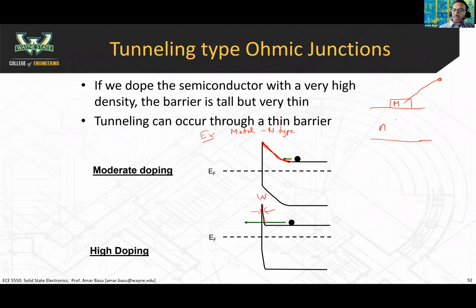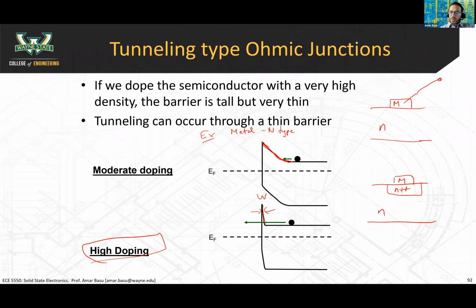But if you do this instead, where you have your metal contact pad, you have your N-type semiconductor, but all you do is you add an N+ region here. Okay, what this effectively does is that this N+ region acts like a tunneling type contact.